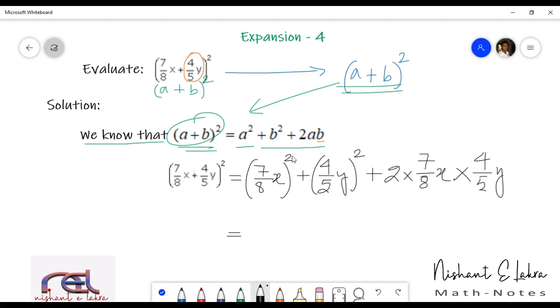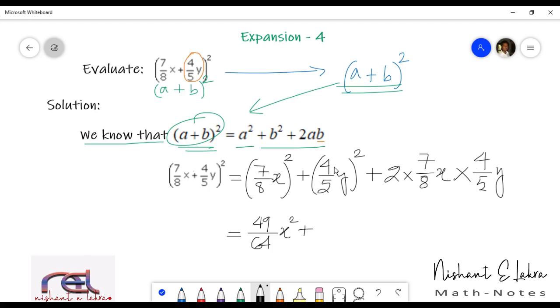Now (7/8 x) whole square: 7 square is 49, 8 square is 64, and x square would be x square.